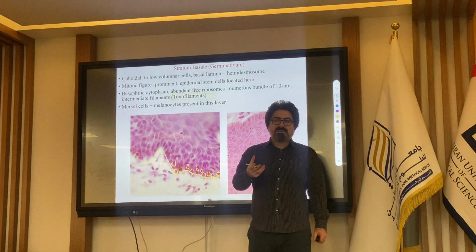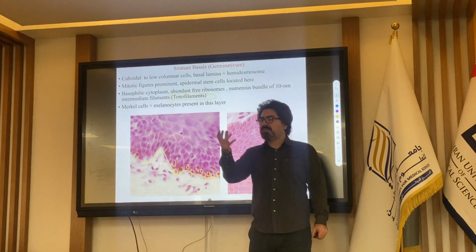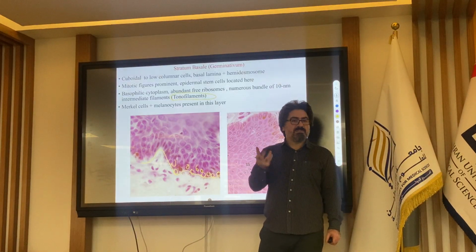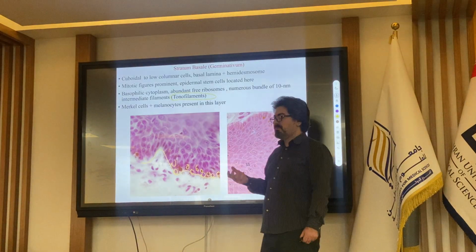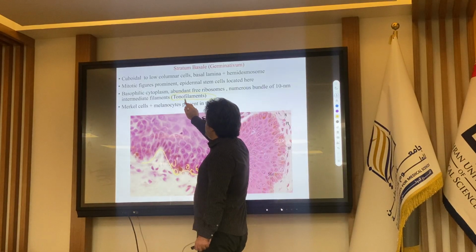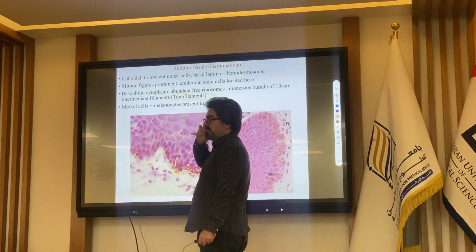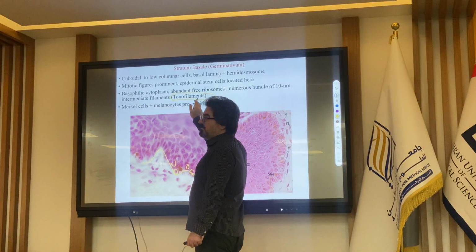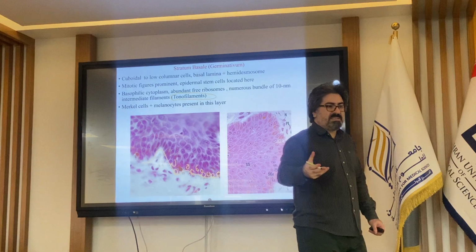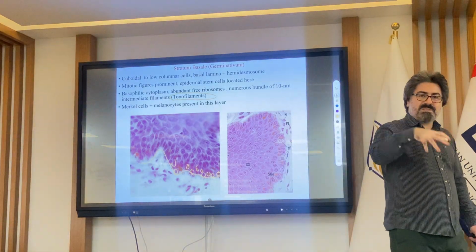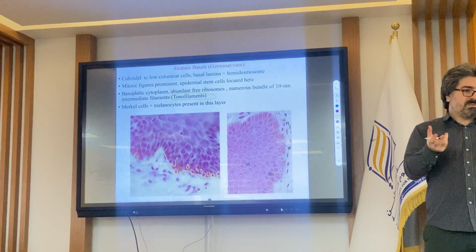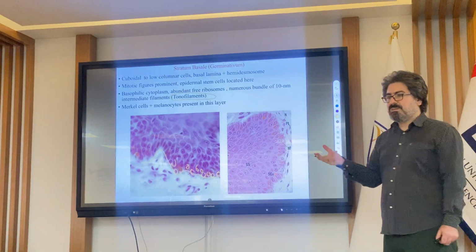Keratin filament is also known as tonofilament. So, which intermediate filament can be seen in keratinocytes? Tonofilament, or another name, keratin filament.